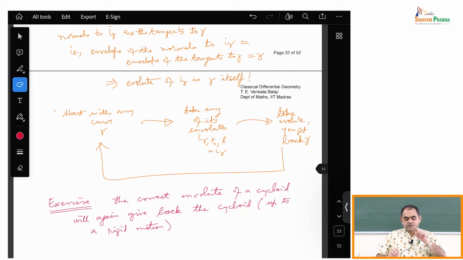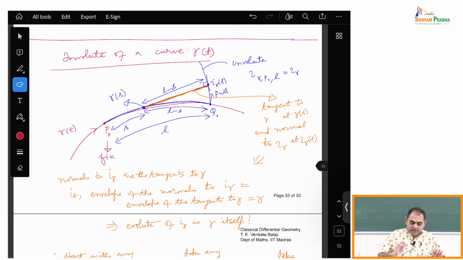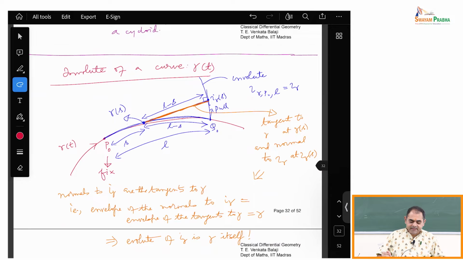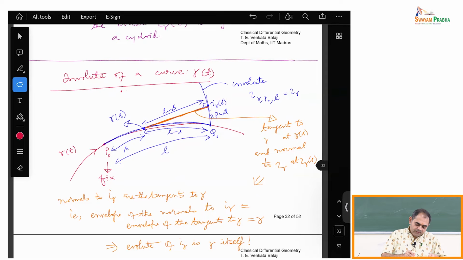And so we can also write out the formula for the involute, and it's quite clear from this picture. Suppose I put the origin somewhere here just for convenience. I want the position vector of the point on the involute, I gamma of s.